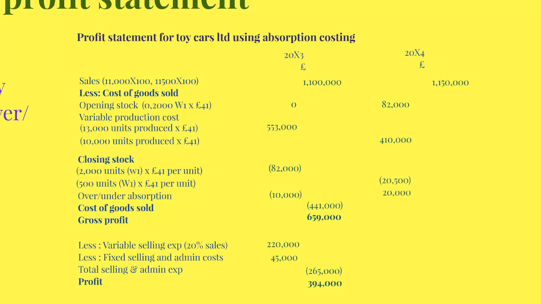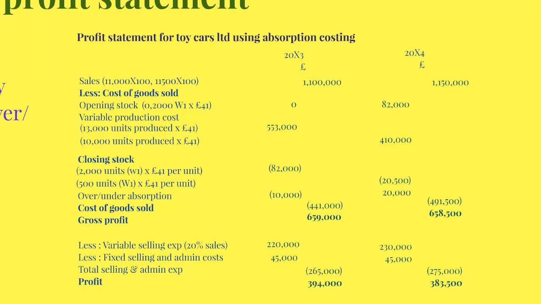Now, of course, at £41 per unit is a slightly higher figure of £20,500. And this time, because we under-absorbed our costs by 20,000, we need to now add that to our costs, giving us total cost of goods sold of 491,500 and a gross profit of 658,500.